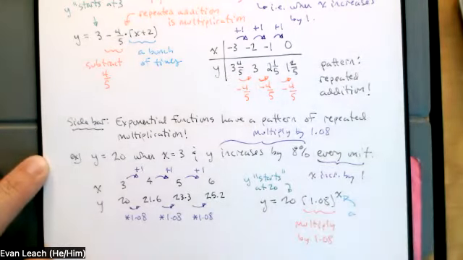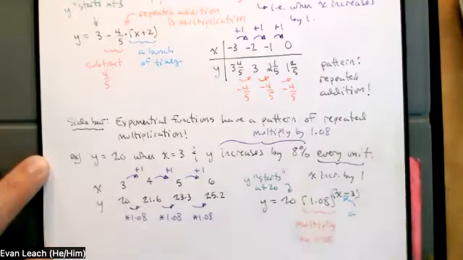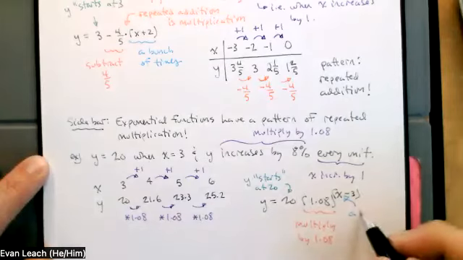Oh, wait, x minus 3, because we started off at 3. That's no problem. We just change it to x minus 3. But that x minus 3 just represents a bunch of times.